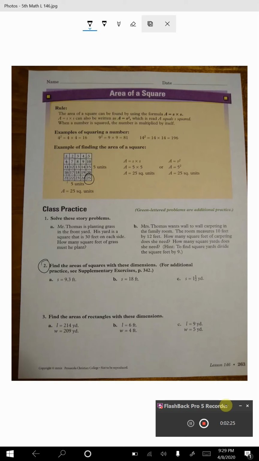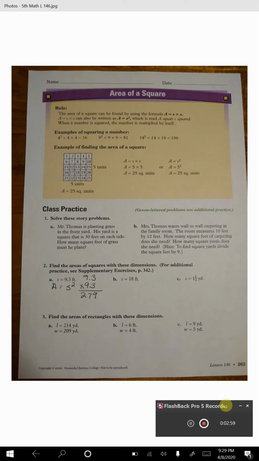All right, so the sides are 9.3. Let's write the formula. Area equals side squared, or you can write side times side if you want to, because that's what you will do. 9.3 times 9.3. I didn't give myself enough room to work that out, so I'm going to erase that and do it again. All right, so area equals side squared. 9.3, 9.3.